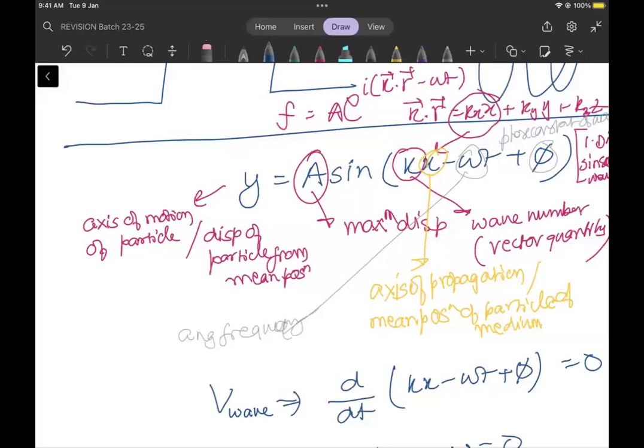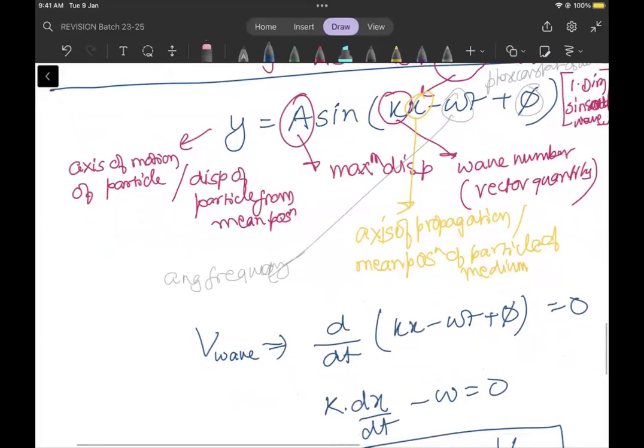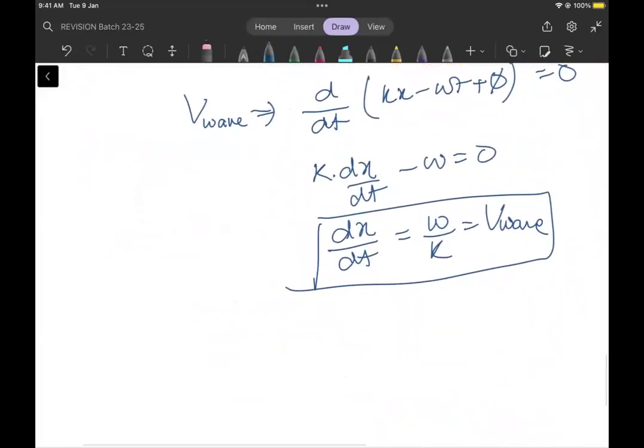Okay, so this is the basics of the wave equation. इसके अलावा you need to know 3 things.